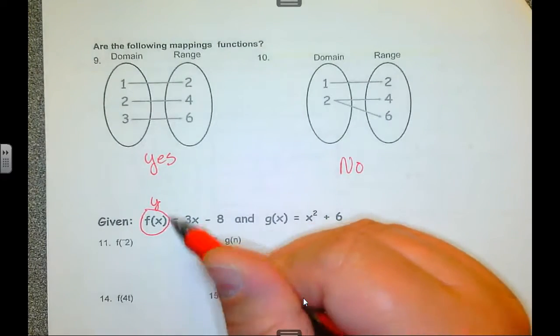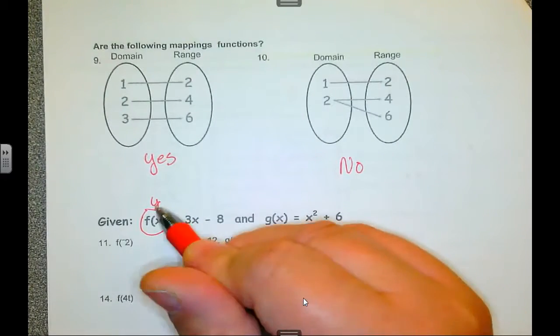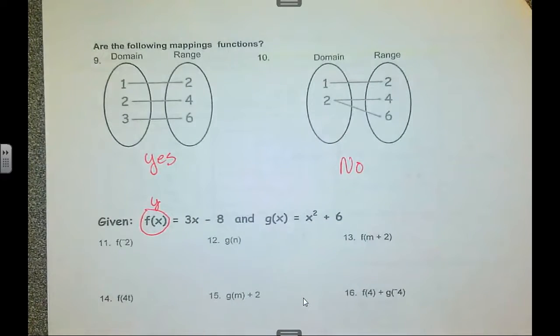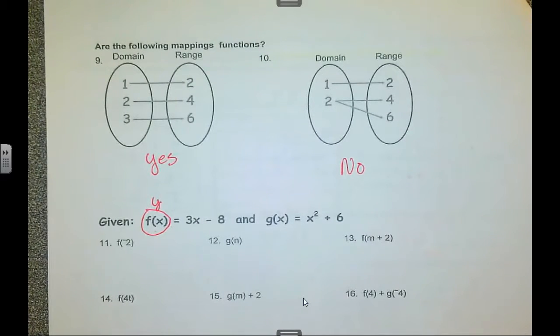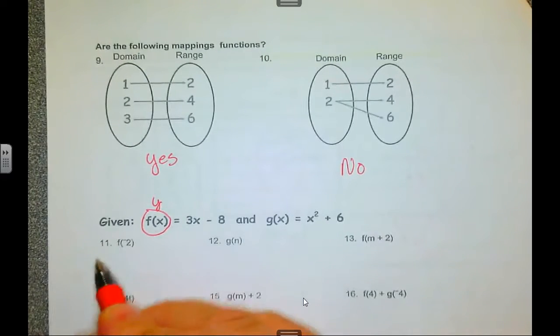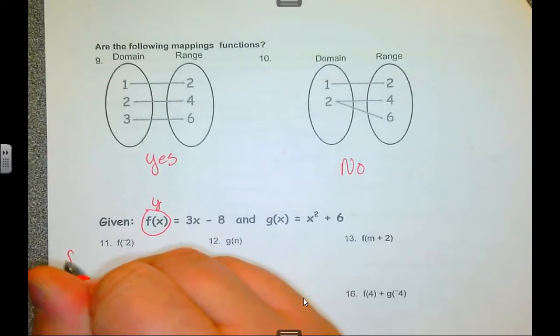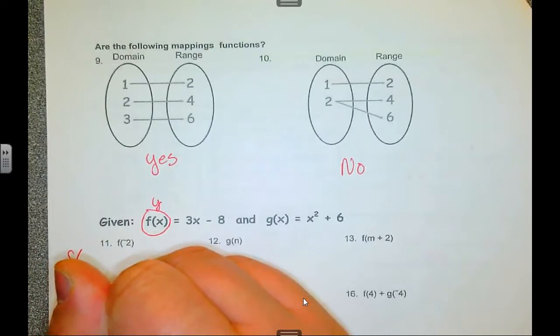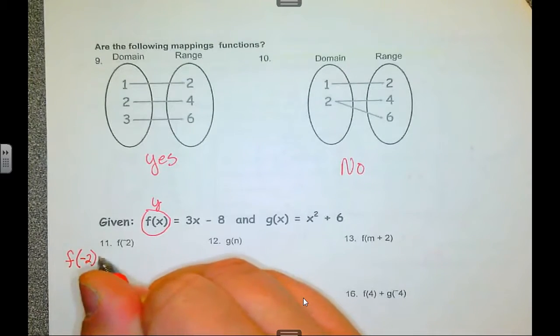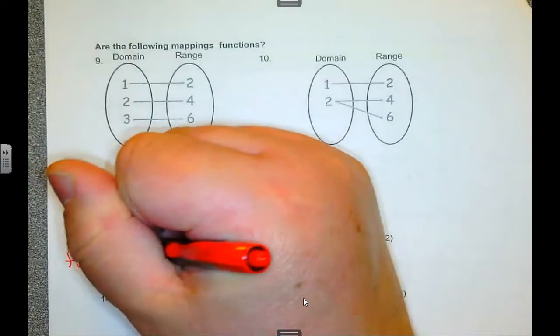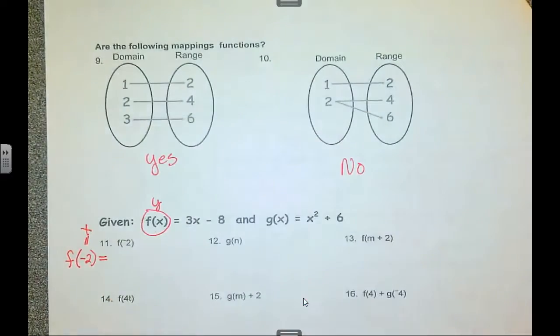In this particular f of x, the equation is f of x equals 3x minus 8.